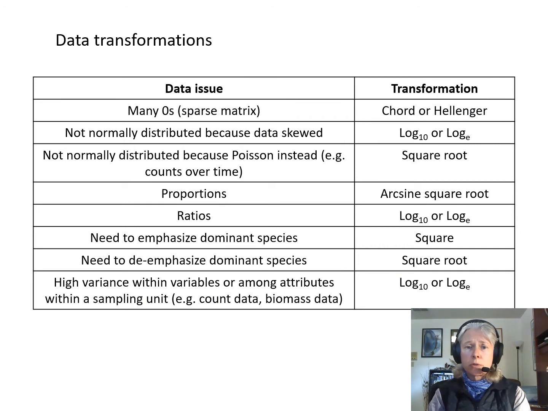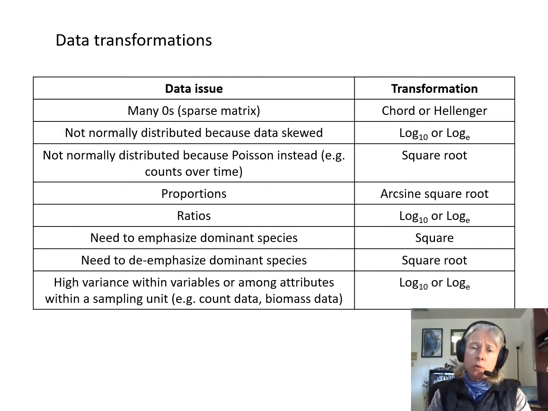To answer those questions, however, we'll need to first transform the data to make them scaled similarly to each other, since our data represent intervals, recall, and those intervals are not the same size. There are many types of data transformations, each for a different purpose, and so I've put together a handy-dandy little table here of some, but by no means all, of the types of transformations that there are out there.